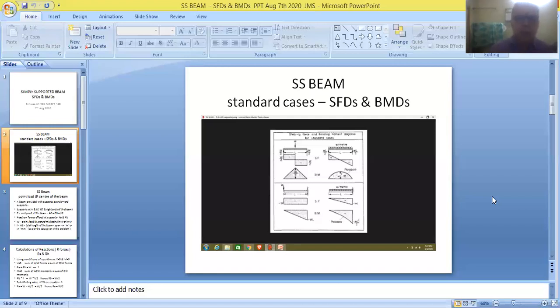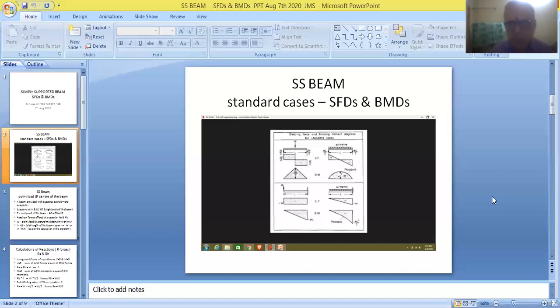So now we have divided the beam into two portions. The first portion is called AC, and the second portion is called CB. Now AB is equivalent to small l. Therefore, AC will be equivalent to L by 2, and at the same time, CB will also be equivalent to L by 2.